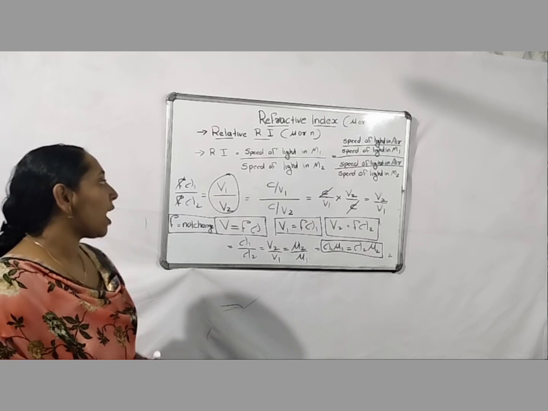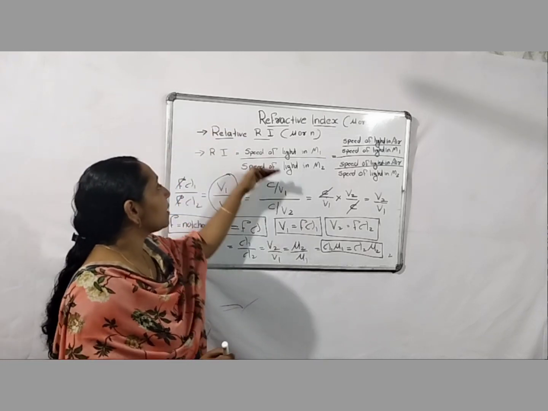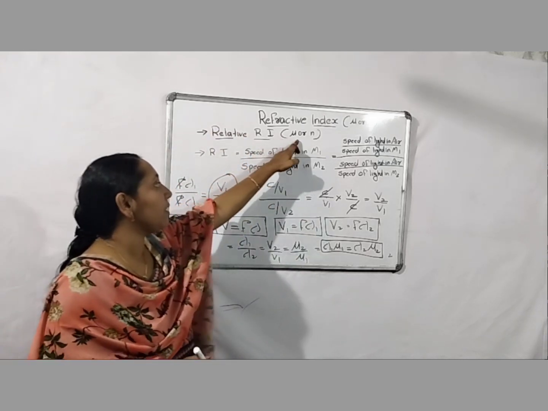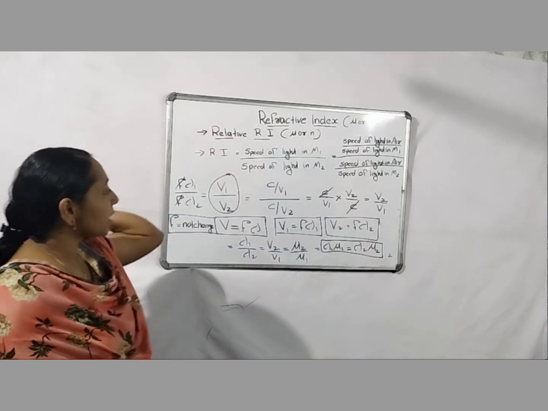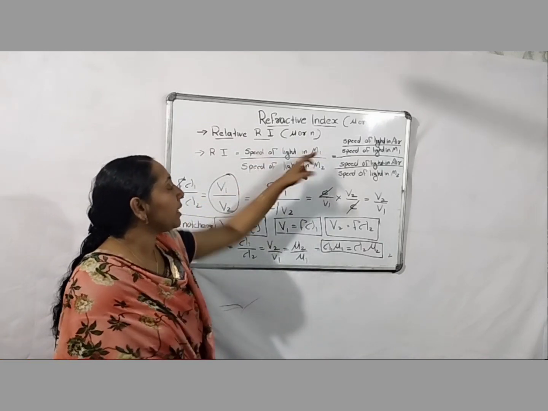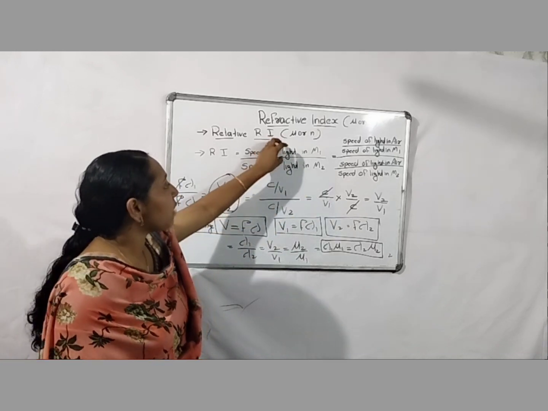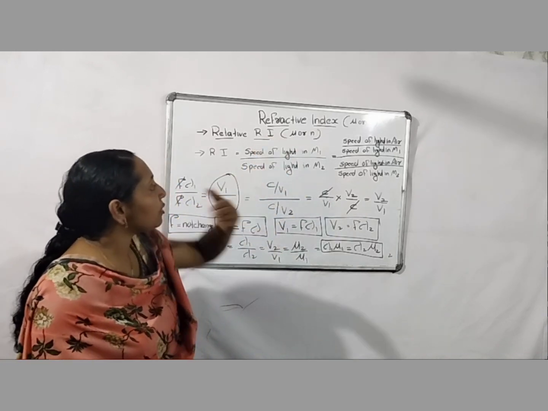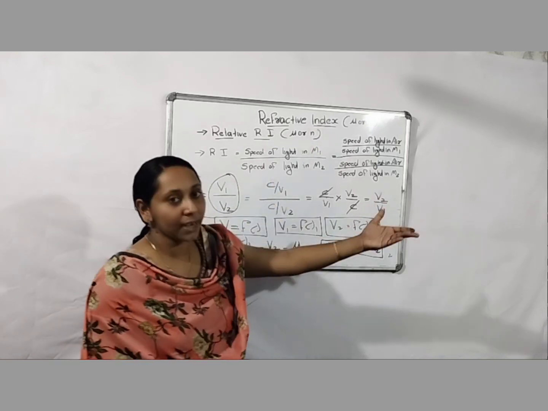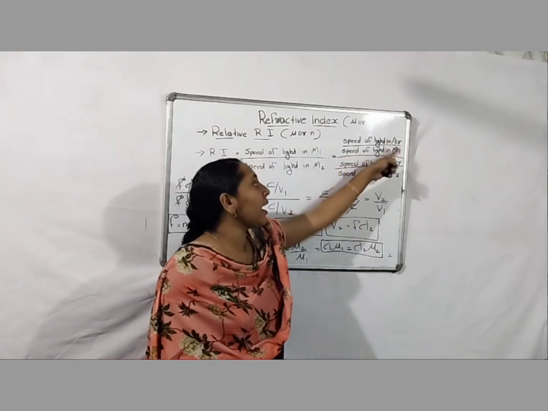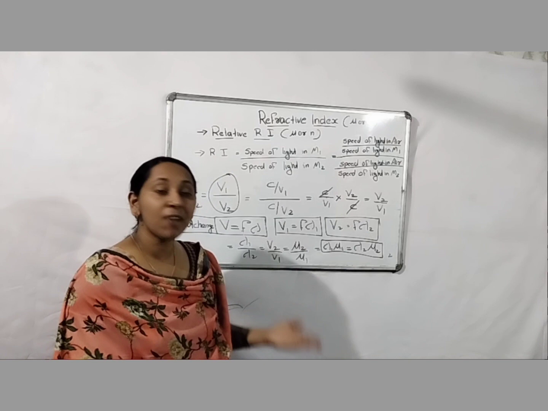Clear everyone? I repeat once more. We have to take the derivation of relative refractive index. Relative refractive index means speed of light in medium 1 divided by speed of light in medium 2. The speed of light in medium 1 I write in the case of absolute refractive index: speed of light in air divided by speed of light in medium 1.